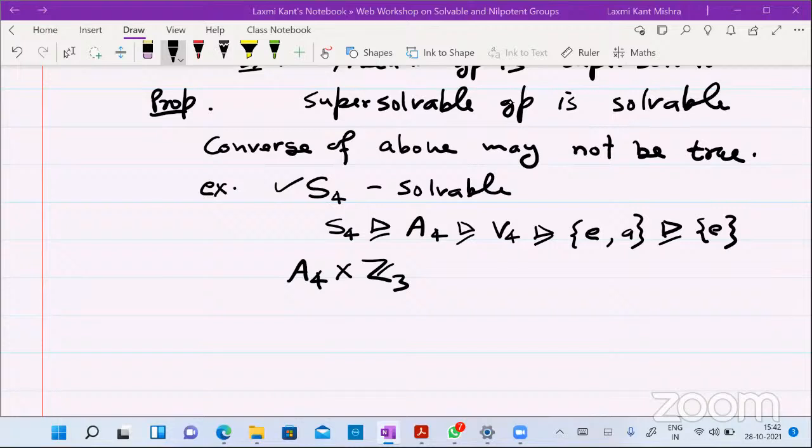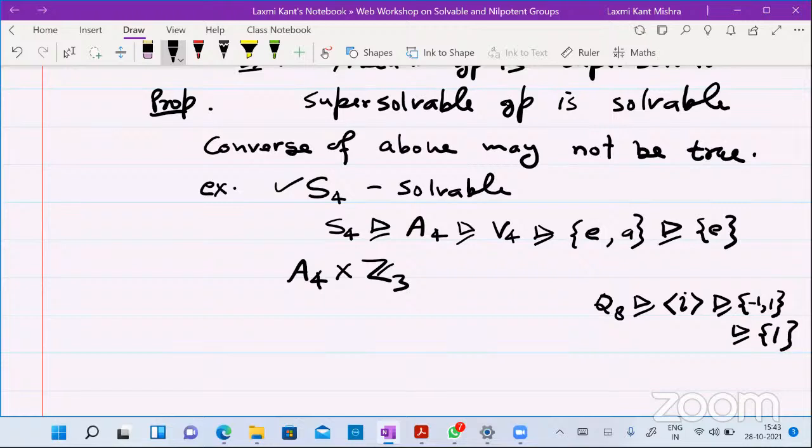The quaternion group of order 8 is also super solvable, since it is generated by i, that means it is of order 4, and it has a normal subgroup {-1, 1}, which has a normal subgroup the singleton. So therefore this is super solvable.